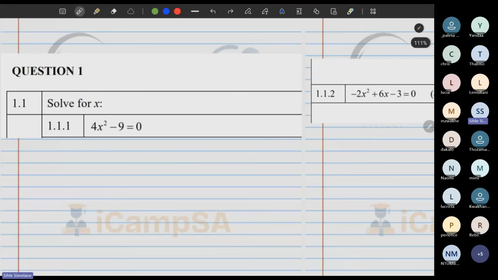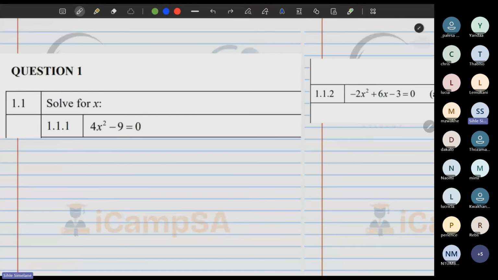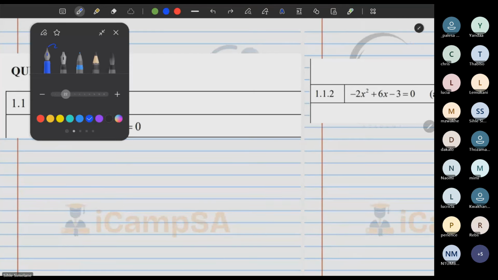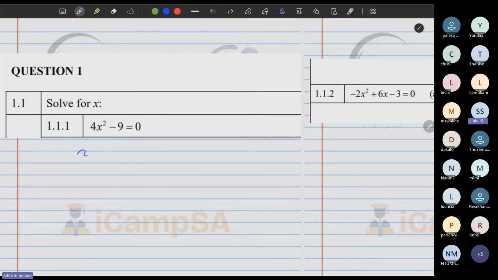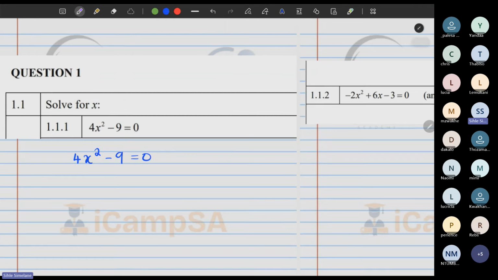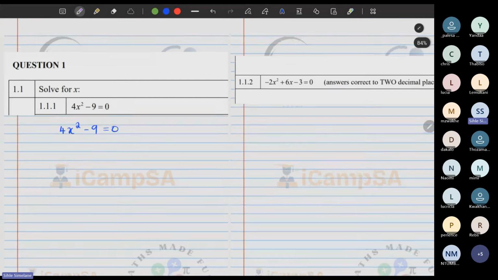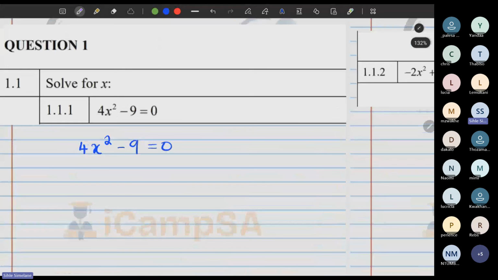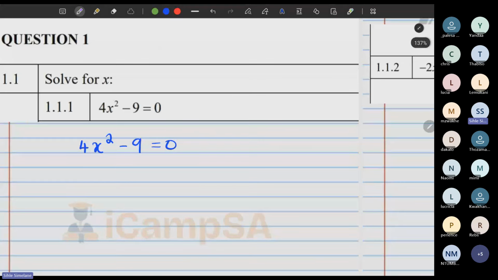The first question requires us to solve for x. If you look carefully, what we are given here is 4x squared minus 9 equals 0. Whenever they do not use 2 decimal places, most of the time you will be able to factorize whatever you are given.